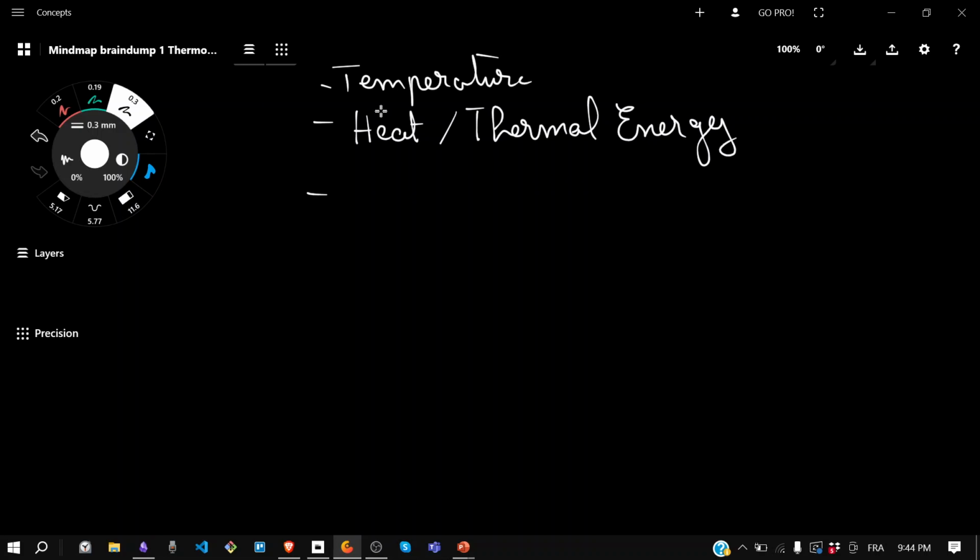We will be looking at heat capacity. By the way, this is part of the mind map brain dump. You want to put the first keywords in and then draw the map from there.